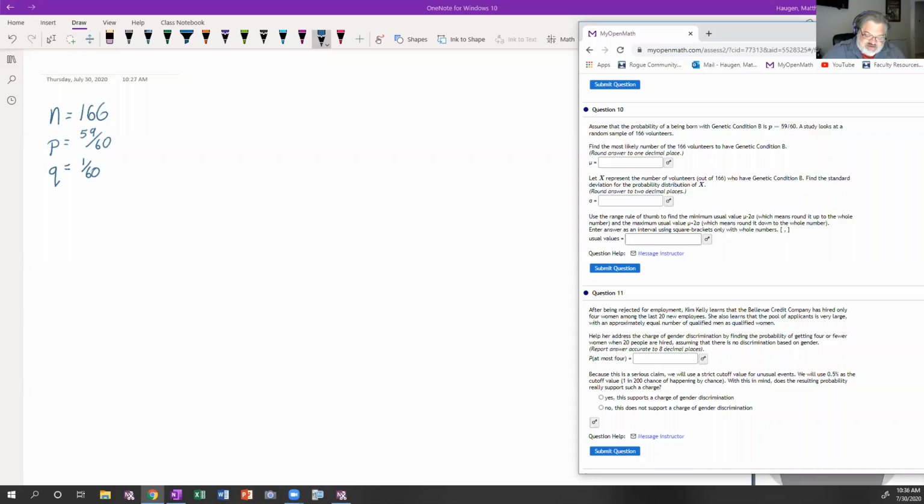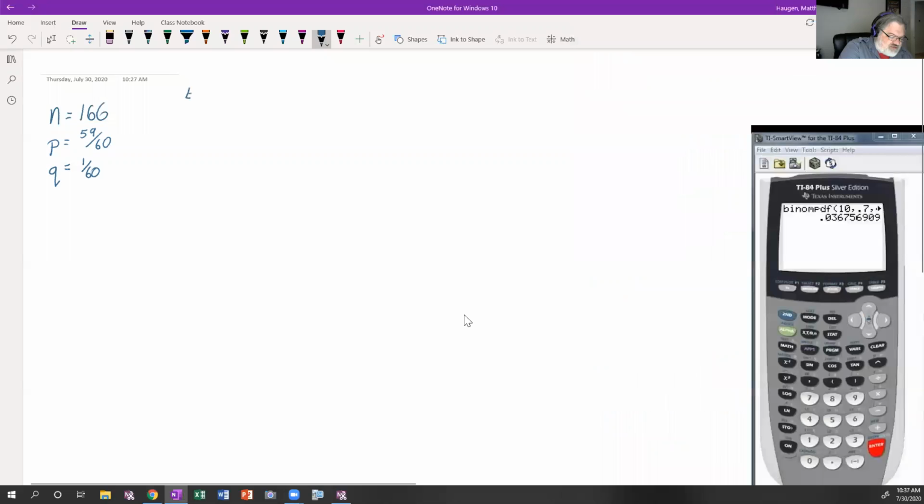Then we're asked for what? Mu, sigma, and our 2 standard deviation range. So we're asked for our expected value, or you can call it our mean, because it is our mean.